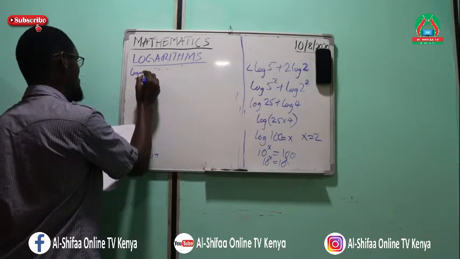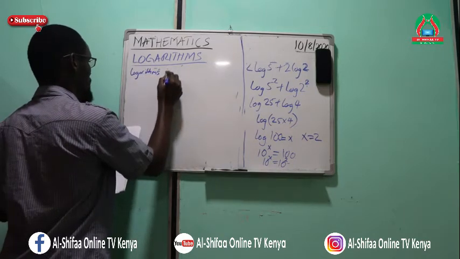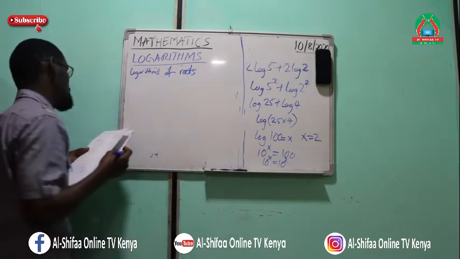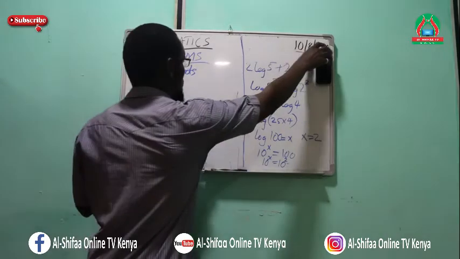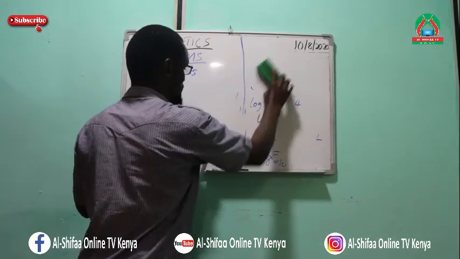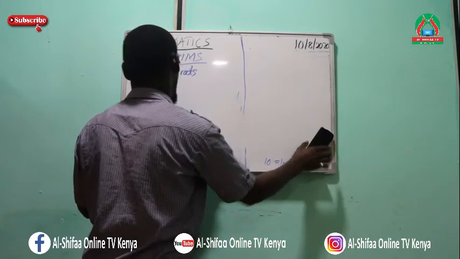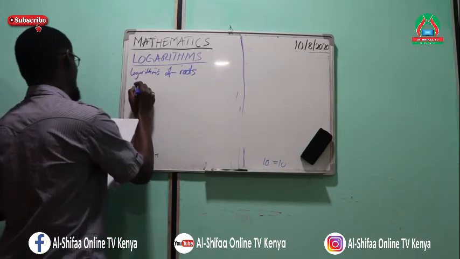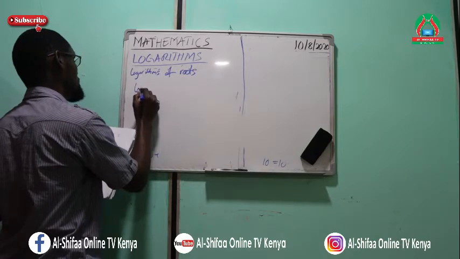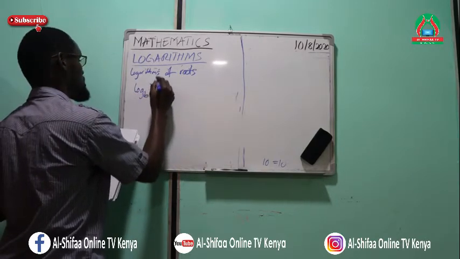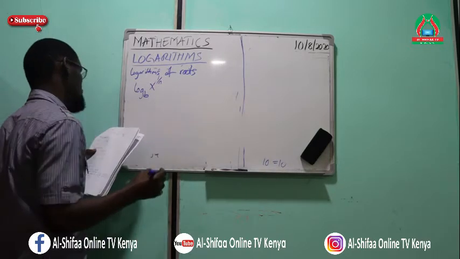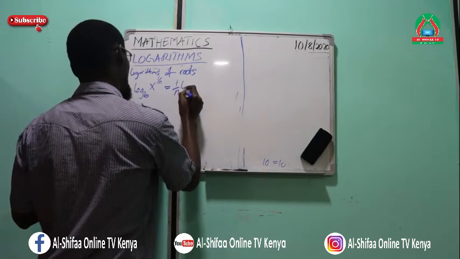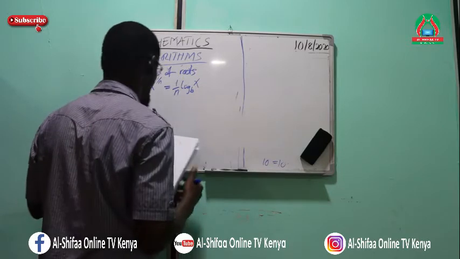Then you have logarithm of roots. You have that log to the base b of x to the power 1 over n is equivalent to 1 over n log to the base b of x.